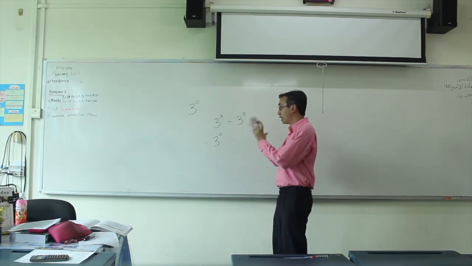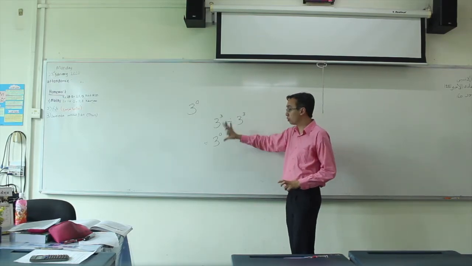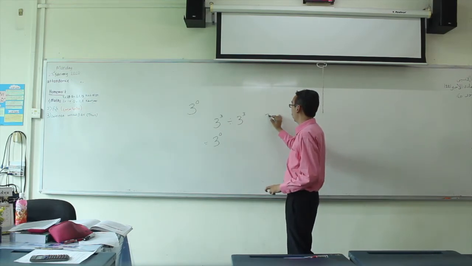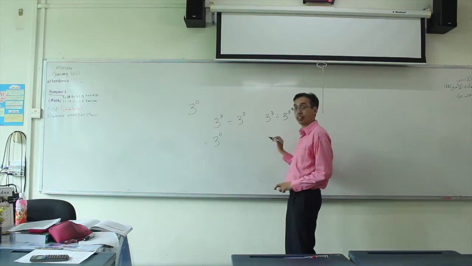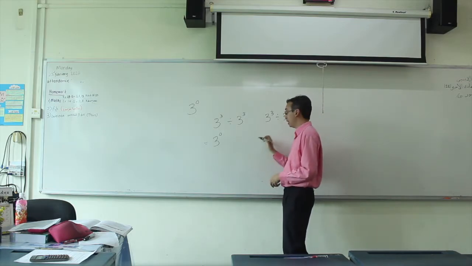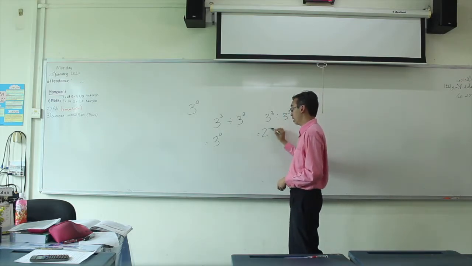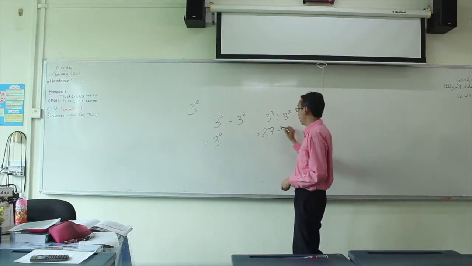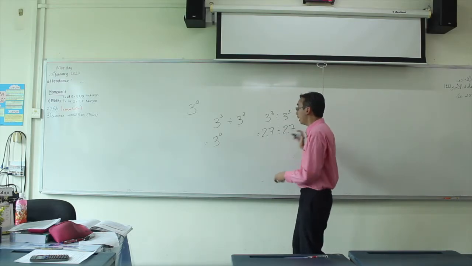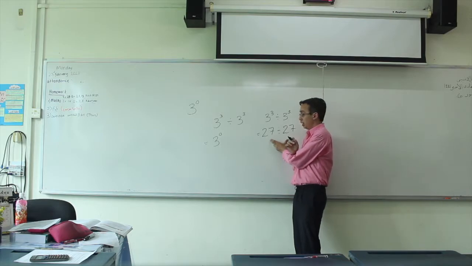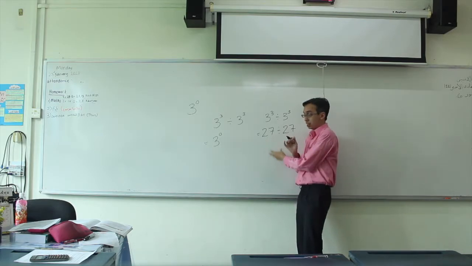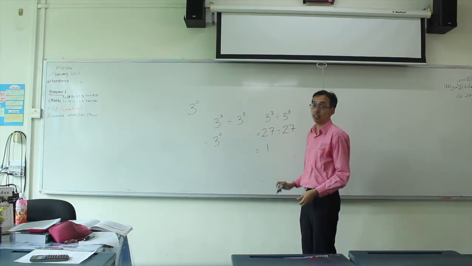But on the other hand, if we don't want to deal with indices, we just do 3 cubed divided by 3 cubed. 3 cubed itself is 27, divided by 27. If I were to write it like this, you will tell me that the answer is 1.